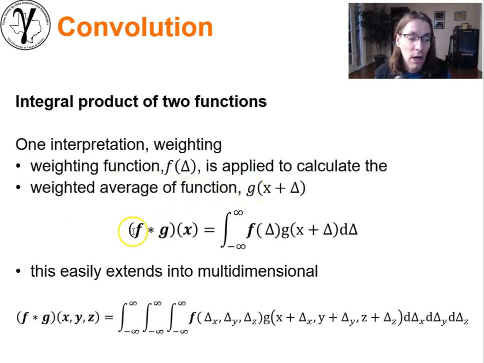So the convolution of f over g is going to be the integration from negative infinity to infinity of the weighting function effectively over a delta window over this function x, and we're going to move that weighting function along and apply it at different centered locations on x. Now this integration is easy to extend to multi-dimensions. You could imagine a convolution of f over g with x, y, and z.